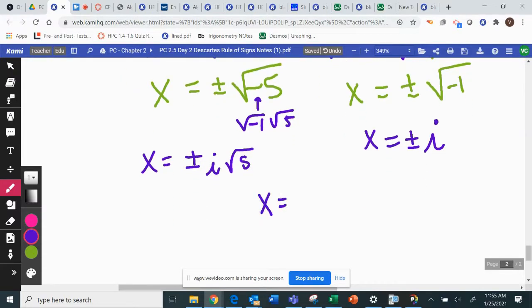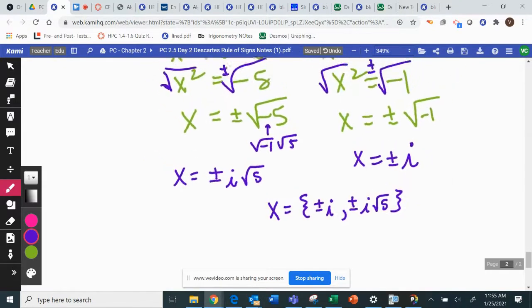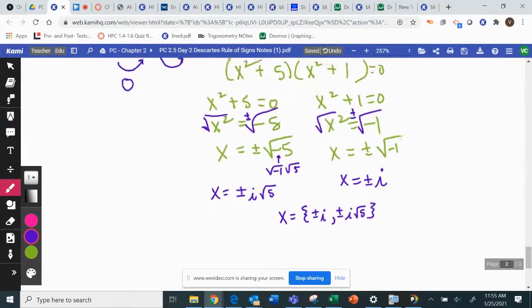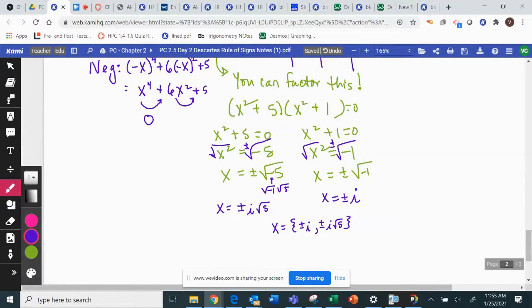So everything is pretty much the same that you've been doing, except you don't have to write this one in factored form. You can just stop at finding the zeros. And this one's going to have imaginaries. We hadn't had imaginary before.